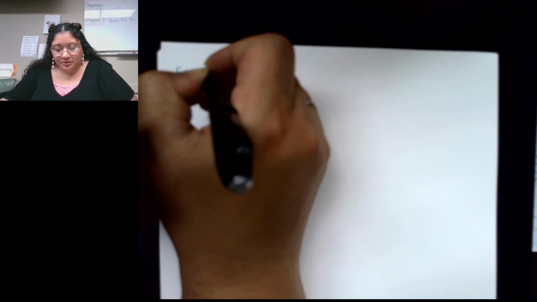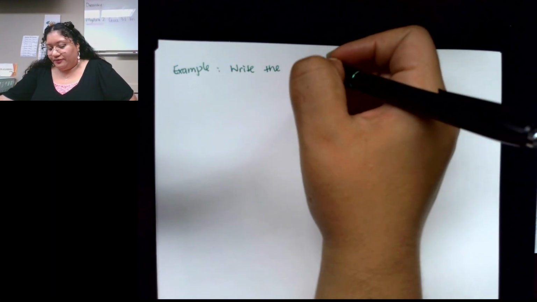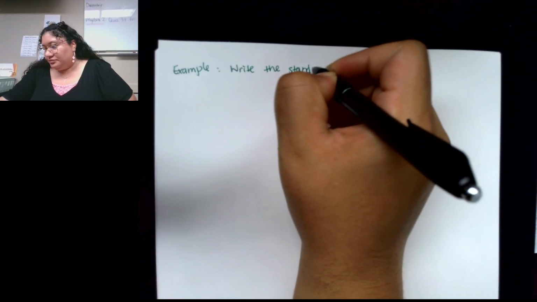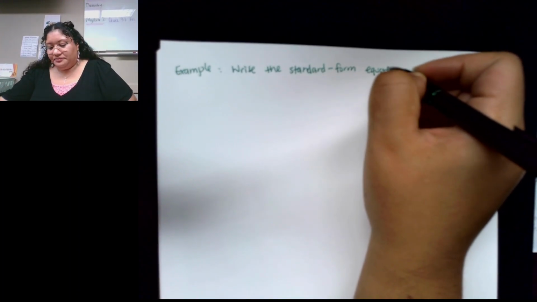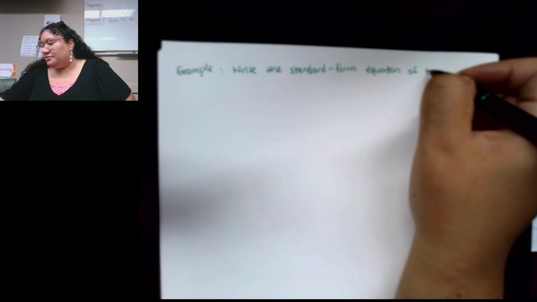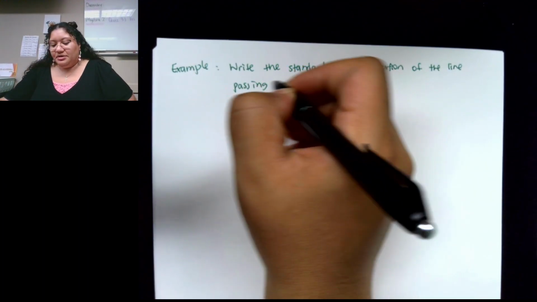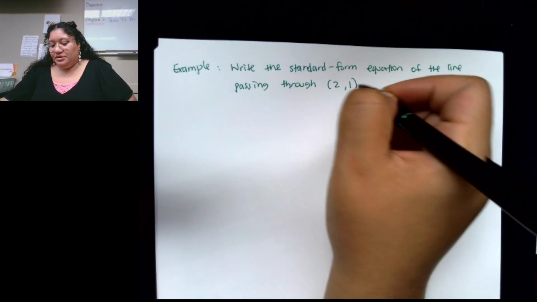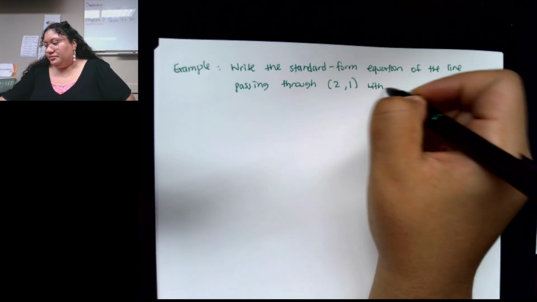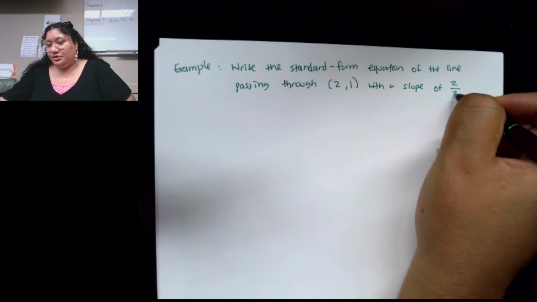Okay, in this example, we're going to write the standard form equation of the line passing through (2, 1) with a slope of 2/3.